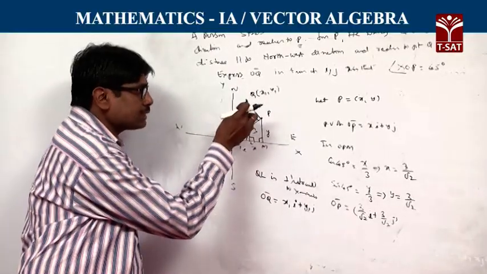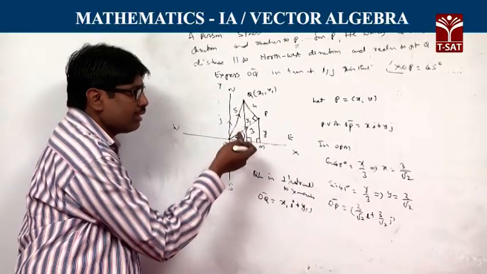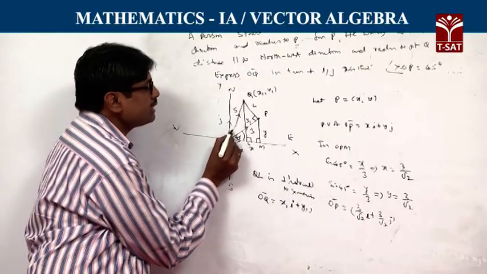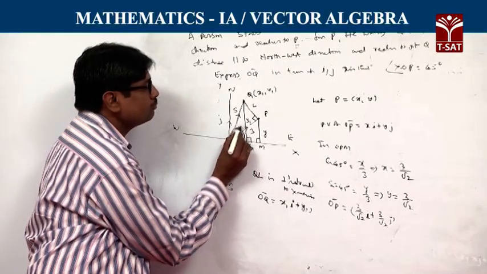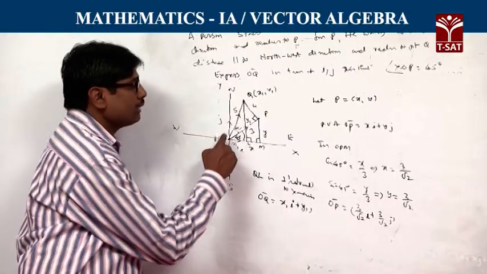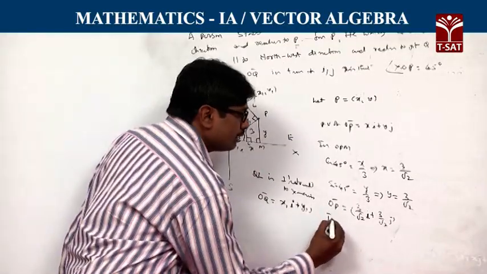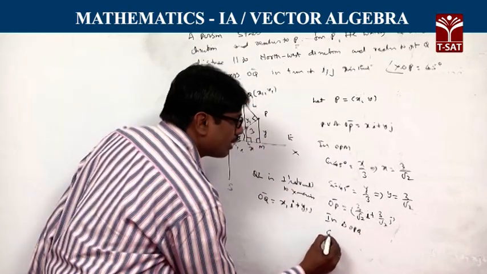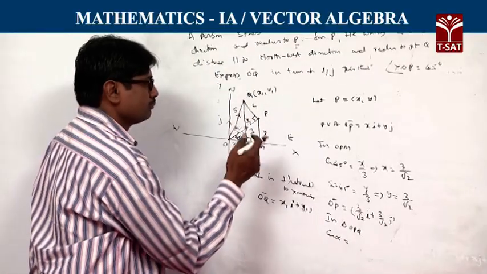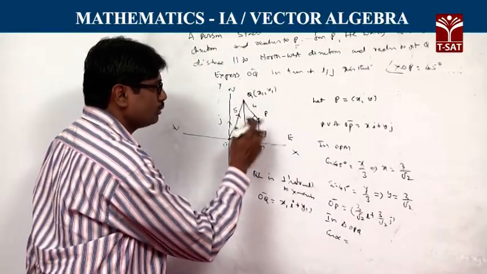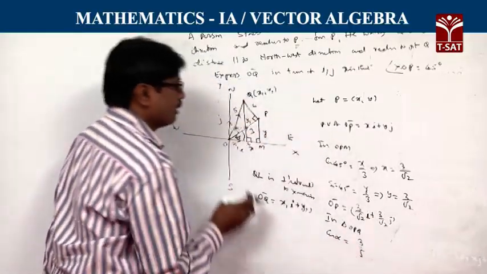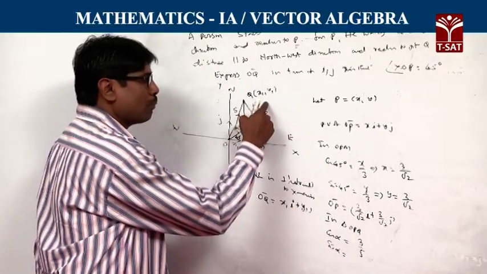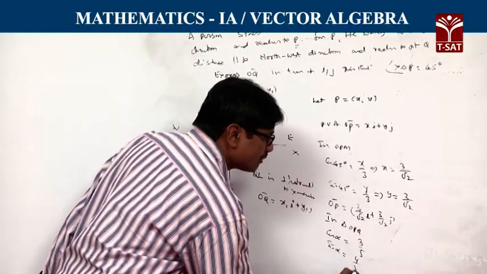Now, expressing x1 and y1 in terms of cosine and sine of the angles. For that, I want to take the remaining angle as alpha. In triangle OPQ, as it is a right angle triangle, cos alpha is equal to 3 divided by 5, adjacent divided by hypotenuse, and sin alpha is equal to opposite divided by hypotenuse, that is 4 by 5.